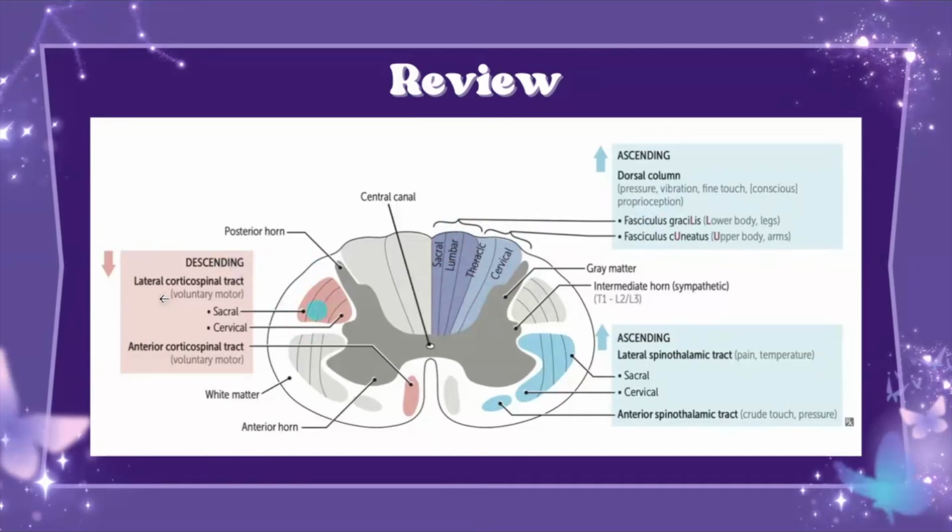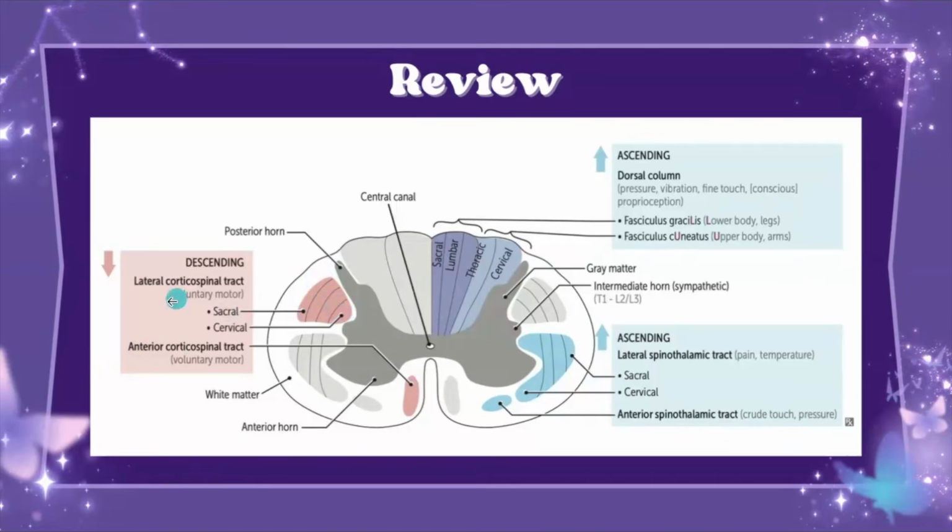Now, for the descending tracts, we have the lateral and the anterior corticospinal tracts. One thing that I did not mention earlier to you guys is that the tracts that supply the sacral parts or the lower parts of the body are more lateral, whereas the parts that supply the upper part of the body are located more medial.